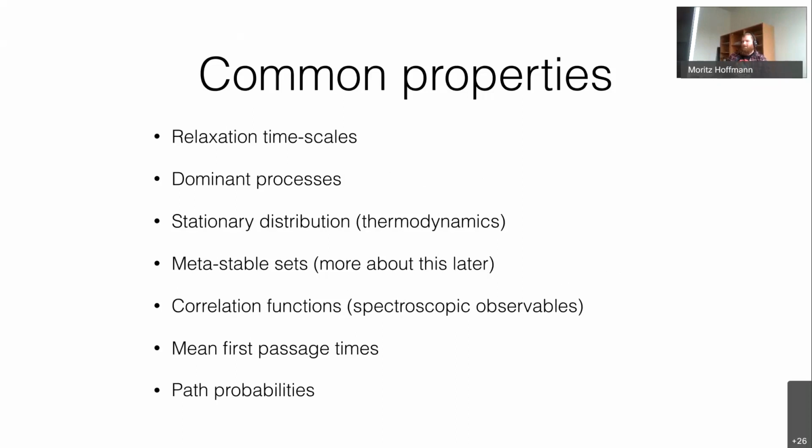We can look at correlation functions, so spectroscopic observables. We can look at mean first passage times between metastable sets, and we can look at path probabilities, which means how I am going to transition most likely from a set of states A to a set of states B, and what the intermediaries are.